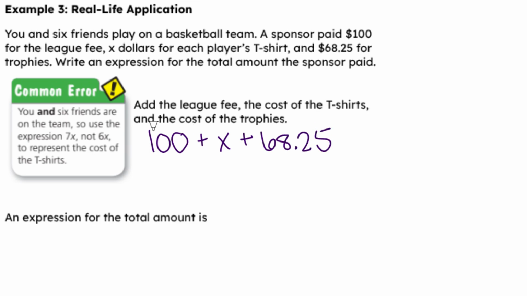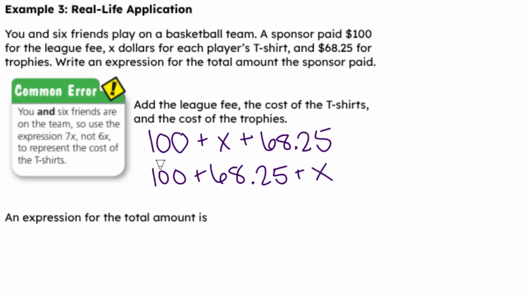But this isn't simplified because I can put these constants together. So I'm going to put 100 plus 68 and 25/100 plus 7x.